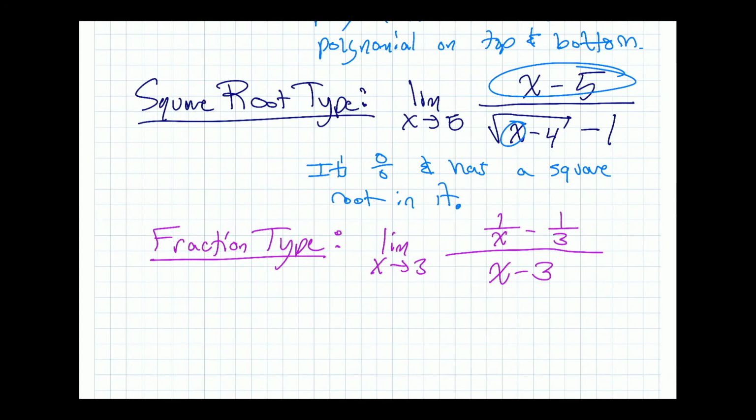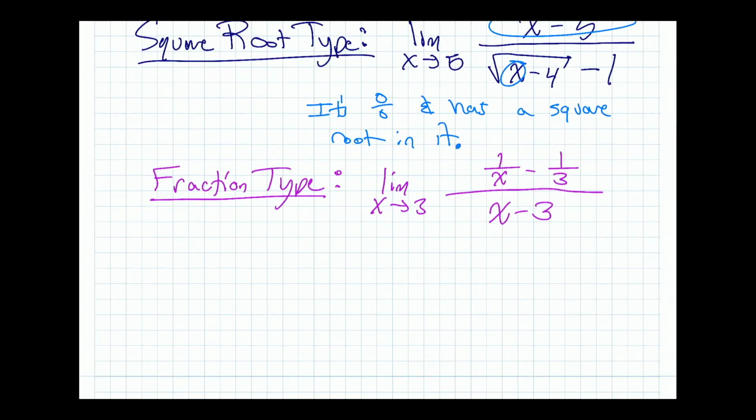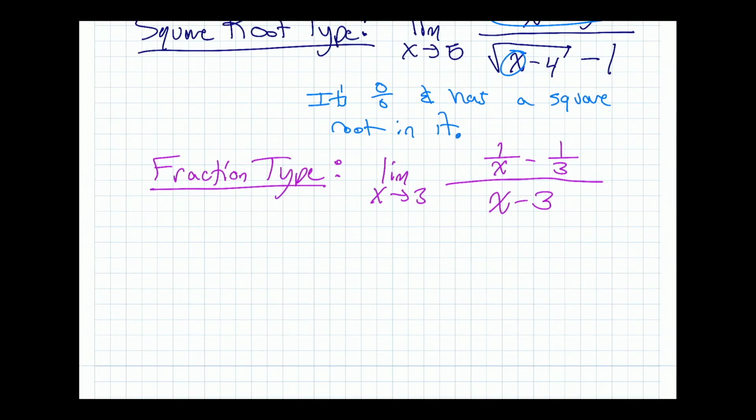And it's going to be the same deal. You can't just plug in x equals 3 because you're going to get 0 over 0, and it has fractions. You get 0 over 0 again, and it has fractions. Okay, and so those are the basic types, and they all have separate algebra techniques that you need to know, right?